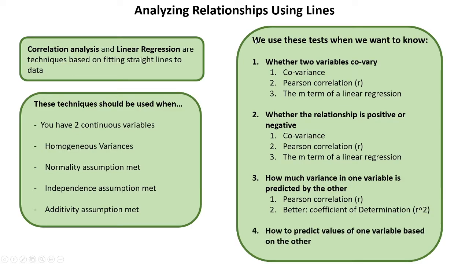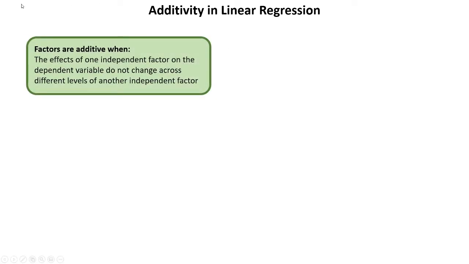And finally, you can figure out how to predict values for one variable based on values from the other, and that can be done with linear regression. Okay, so let's start out with our correlative measures. Oh, but first, we have to take a side trip to additivity.